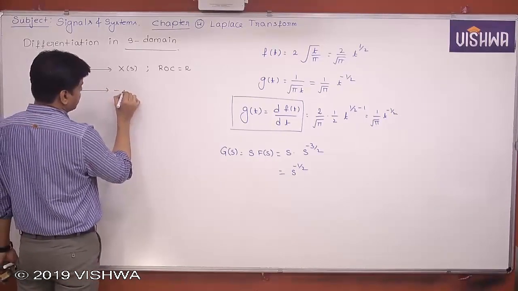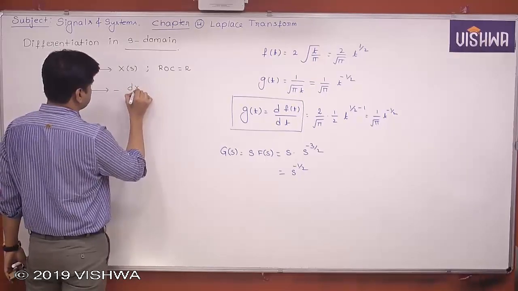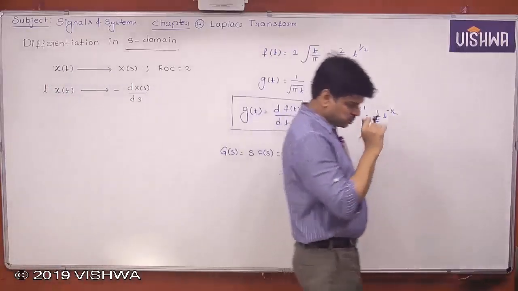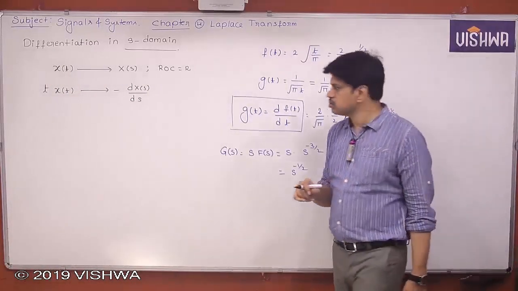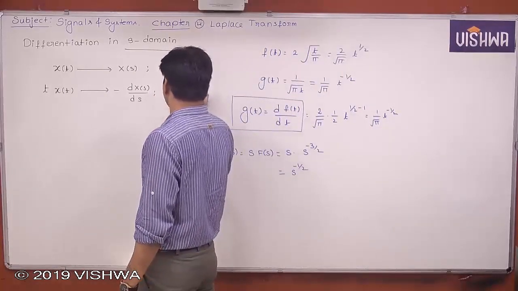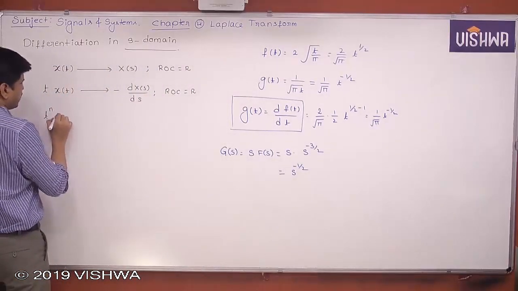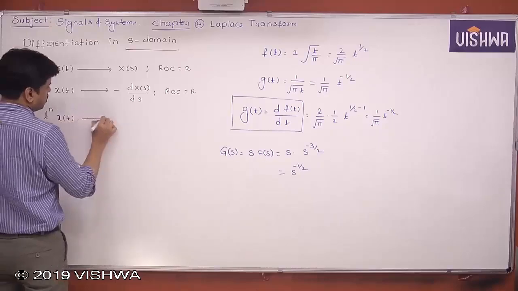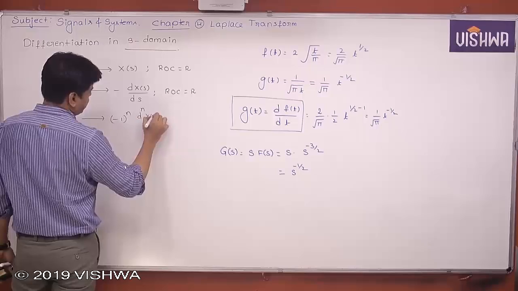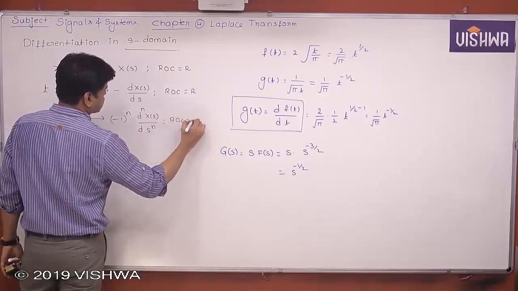This is nothing but minus dx of s by ds, and ROC does not change, R. So if I multiply, let's say, t power n times, then we have to multiply minus 1 n times d power n x of s by ds power n. Still ROC does not change, R only.